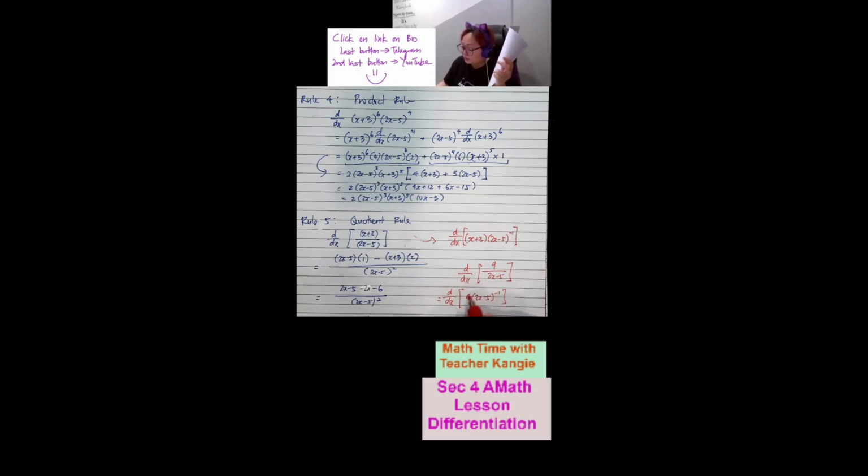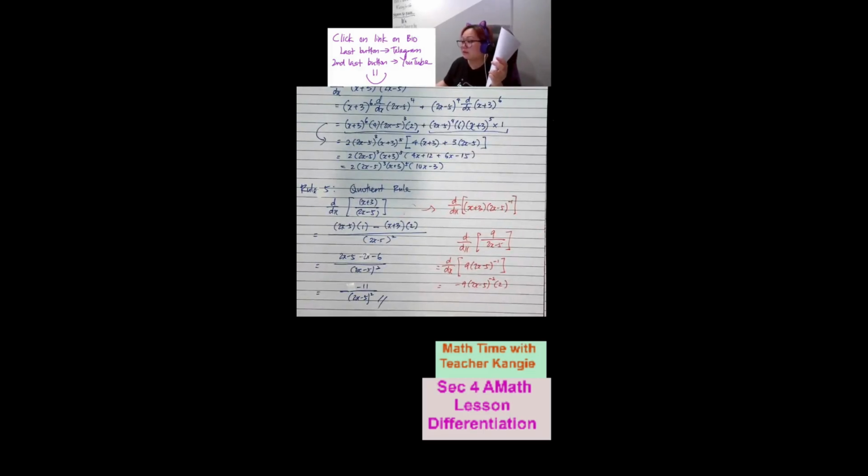Then I just need to bring down the minus 1 times 9, I get minus 9. 2x minus 5, then power minus 1 becomes minus 2. Differentiate the inside, it is a 2. And then, so it's minus 18 over 2x minus 5 to the power of 2.